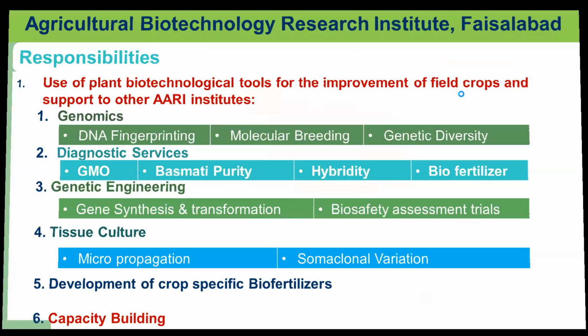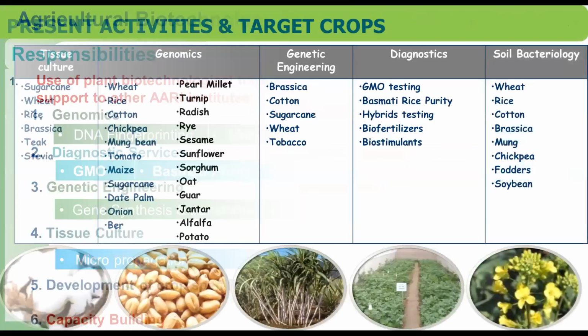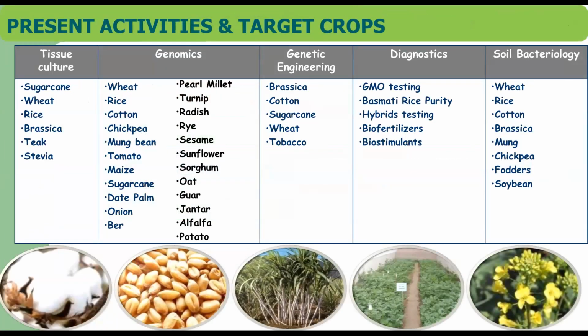At the Agricultural Biotechnology Research Institute we are working on crop improvement using tissue culture, genomics, genetic engineering, and GMO testing approaches. The crop we deal with in tissue culture is sugarcane, and we are also developing crop specific biofertilizers at our soil bacteriology section.